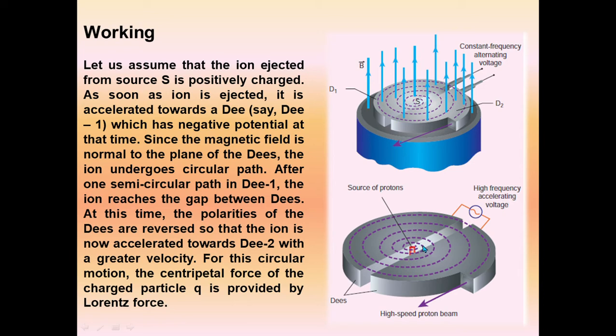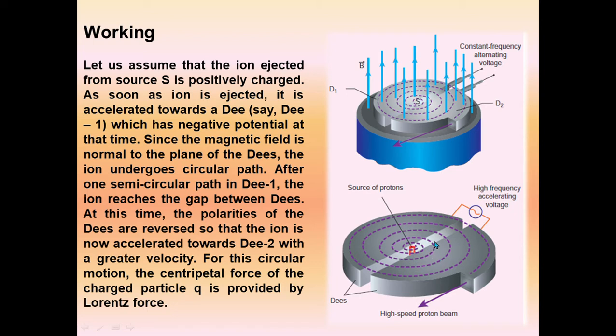At this time, the polarity of the Ds is reversed. So the ion is now accelerated towards D2 with a greater velocity. That means velocity increases.